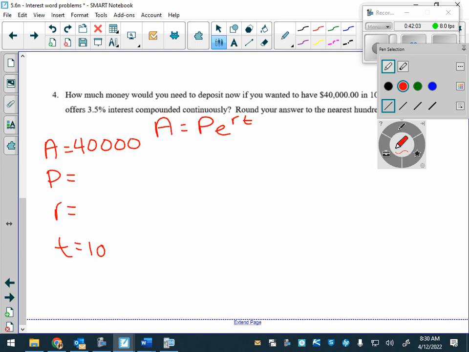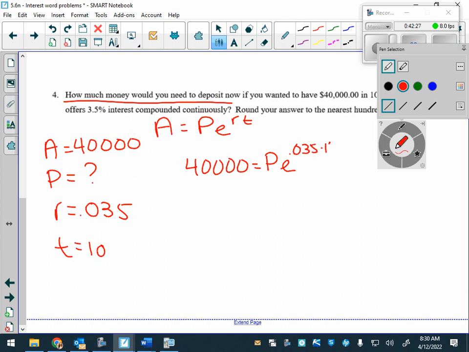Nick? Good. 0.035. So we're looking for P, right? Because how much money would you need to deposit now? So we have 40,000 equals P, and we have our e to the 0.035 times 10.